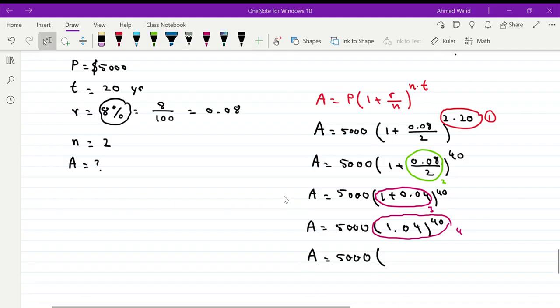Again, calculator. 1.04. Look, in your calculator, you have x to the power of y, or y to the power of x, or x to the power of an empty box. That is raising this number to the power, correct?